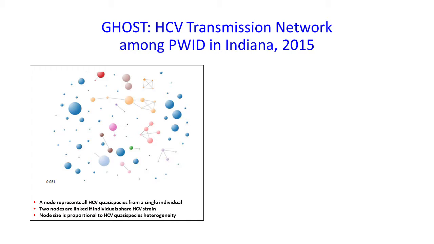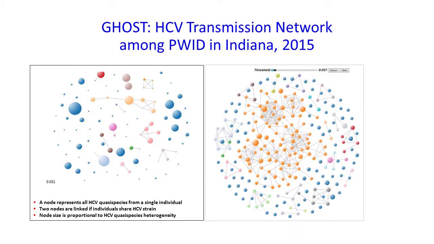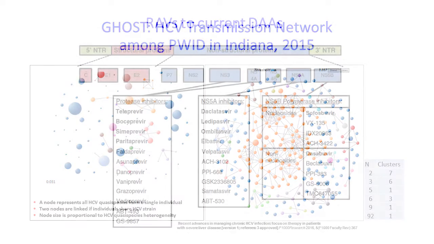As depicted in this cartoon, transmission links are represented by circles connected by lines, a network of transmission events, versus the phylogenetic trees that I showed you earlier. This is the entire outbreak, and the GHOST tool identified 19 different clusters, including this large orange one that had 92 individuals associated with it.